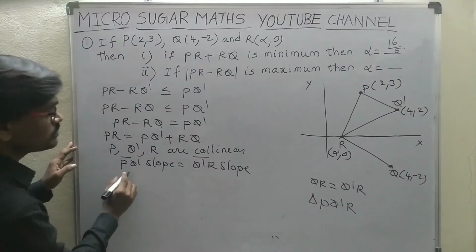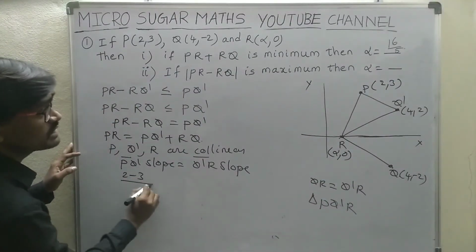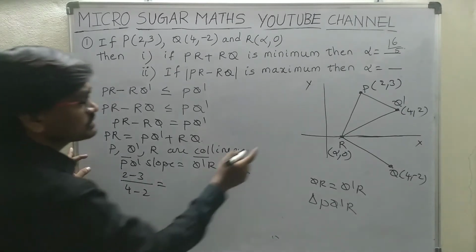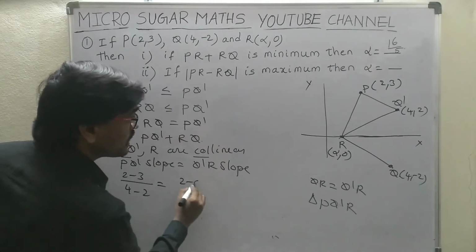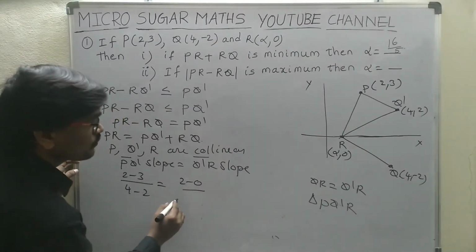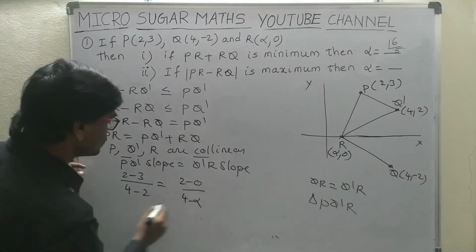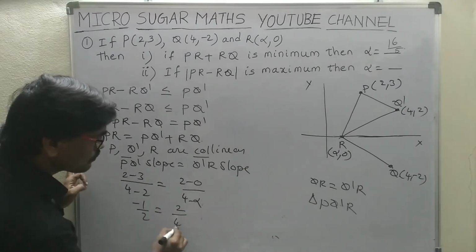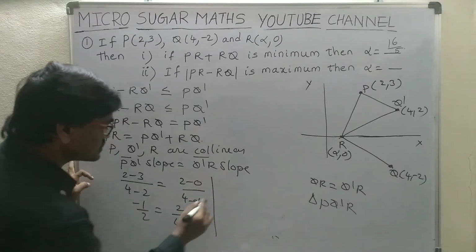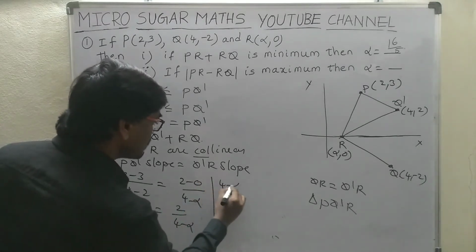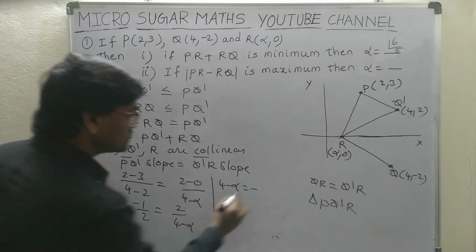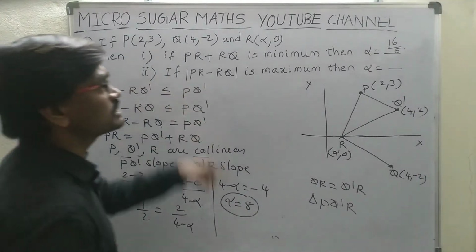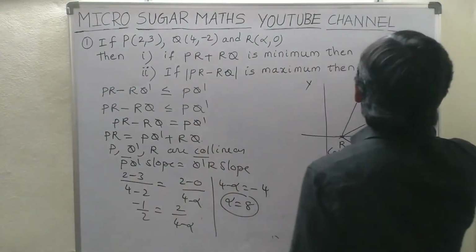Therefore, the PQ dash slope is (2 minus 3) by (4 minus 2), which is equal to the next one, (2 minus 0) by (4 minus alpha). Now students, I am simplifying: minus 1 by 2 is equal to 2 by (4 minus alpha). Cross multiplication: 4 minus alpha is equal to minus 4, so alpha is equal to 8. Now in the second condition, alpha is 8.